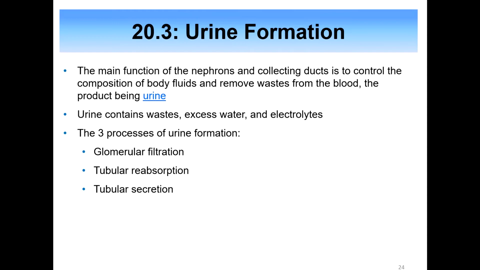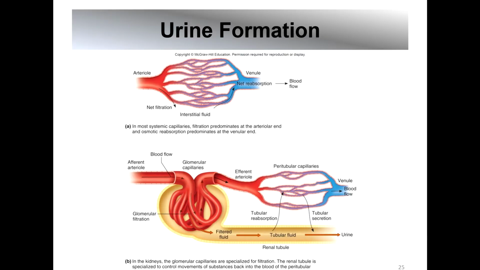And then tubular secretion is going to involve the movement of substances from the vasa recta and the peritubular capillaries into the tubule. Basically, not enough of a substance got filtered, or maybe it was too big to get filtered, and we're going to move it into the urine through a process called secretion.